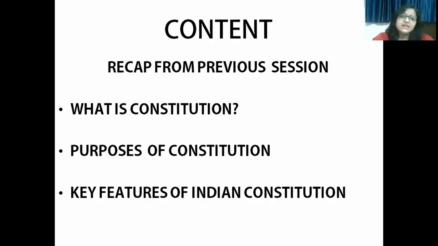Then we had studied that we have Legislative Council and the Legislative Assembly at the state level, and we have Lok Sabha and Rajya Sabha at the center level. We take participation in the election process and select our representatives.